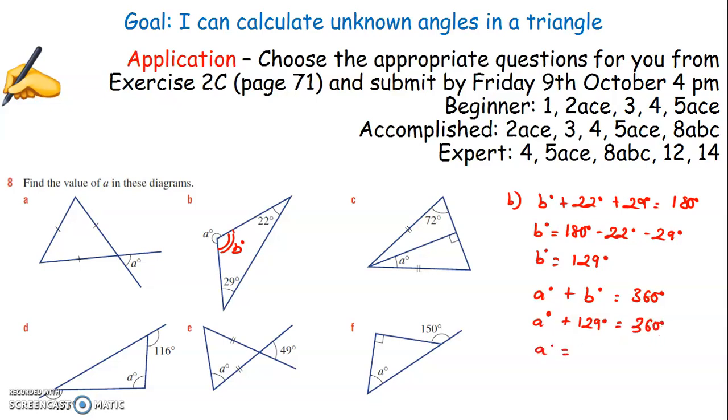To find A, I'm going to take 360 and subtract 129. 360 subtract 129 would give us 231 degrees.